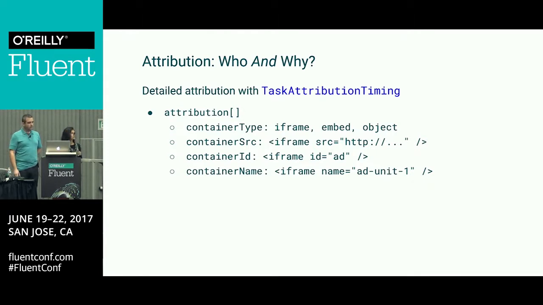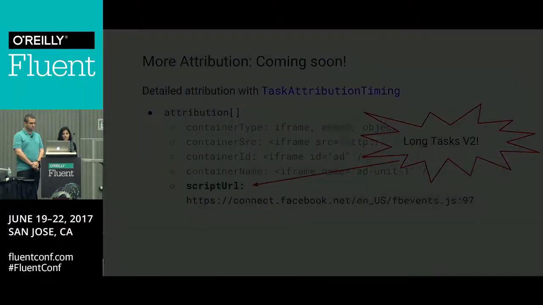The second piece is the attribution field, which is an array of task attribution timing entries. The idea here is that we want to generate an entry for each type of thing within the long task that we are able to implicate. And then we also want to show you what iframe is responsible. So we have properties like container type, which could be the iframe, and container source, ID and name to help you identify what iframe it might be on your page.